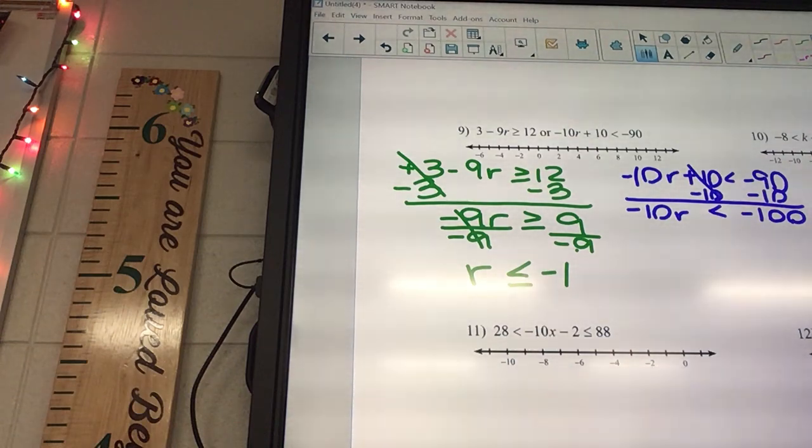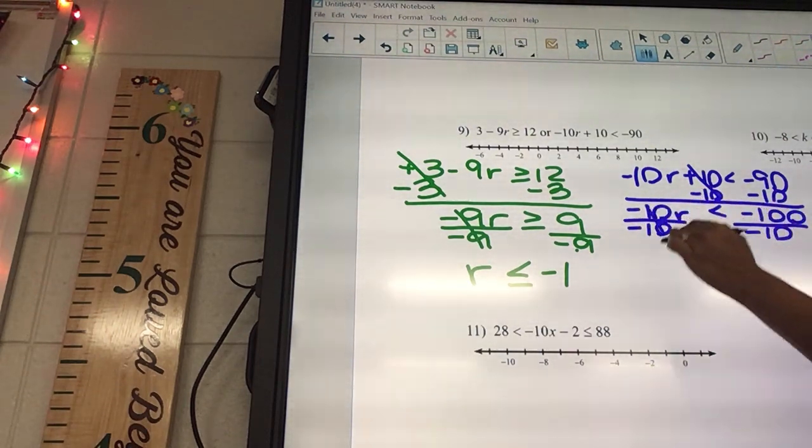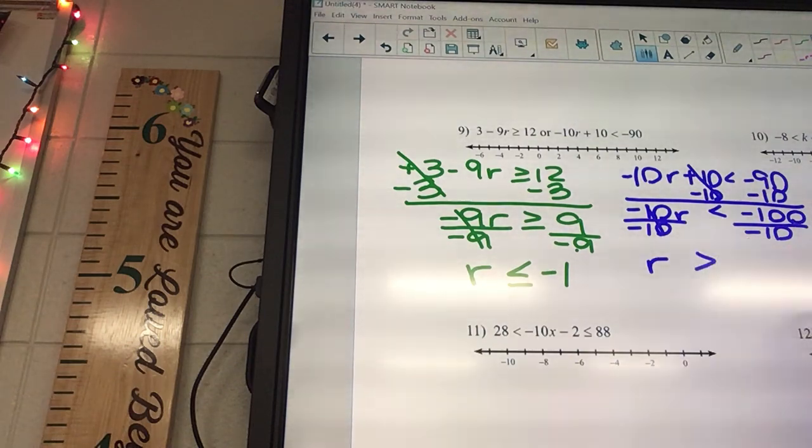Okay, and then what needs done? How do we break up that couple? Divide by negative 10. And we do need to flip the sign because the 10 is negative. Okay, so on the negative 1, open or closed?